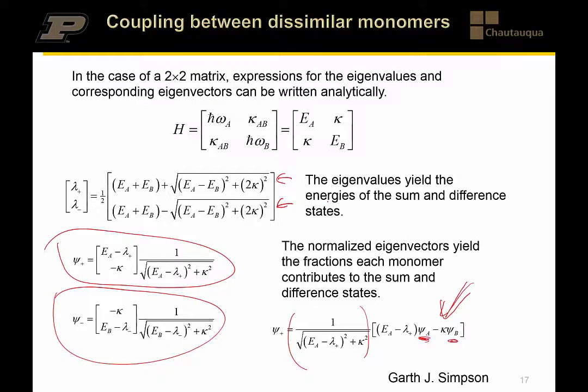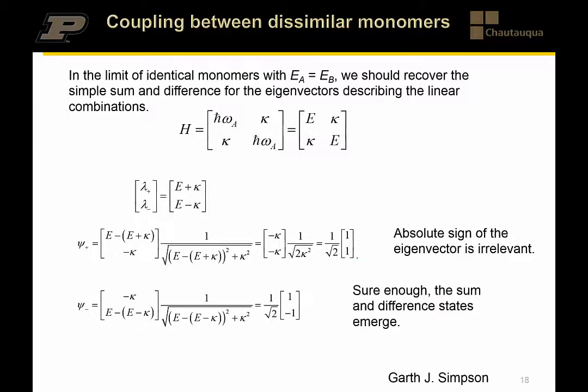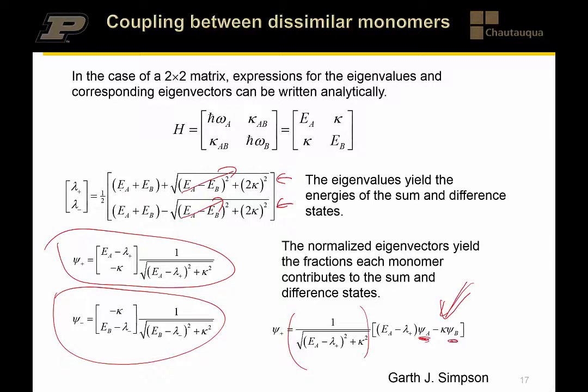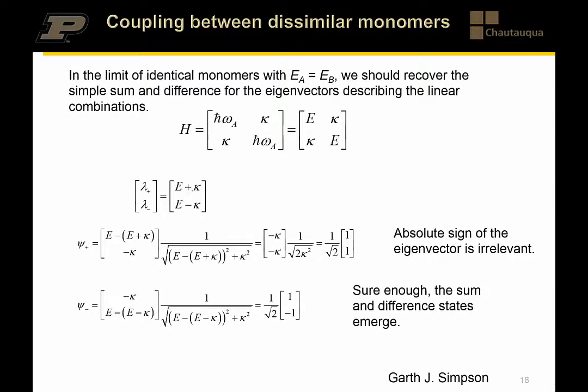Well, if we just plug in where energy A and energy B are equal, then this term goes away, and we're going to take the square root of 2 kappa squared, and what we'll be left with is EA plus EB, which is just 2EA, plus 2 kappa, times 1/2. So that will just turn out to be E plus kappa and E minus kappa for the two eigenvalues, for the energy of the sum state and the energy of the difference state.